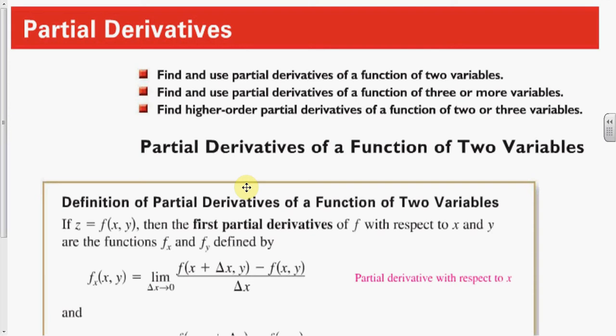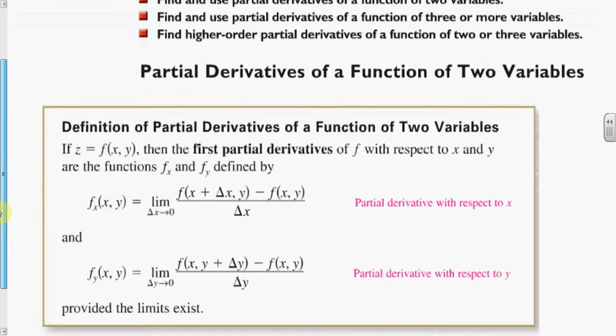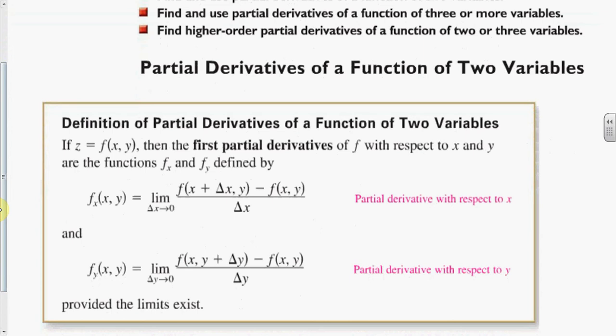First, we begin with the definition for partial derivatives of a function of two variables. Let me scroll down. We could talk about the partial derivative of the function f(x,y) with respect to x.